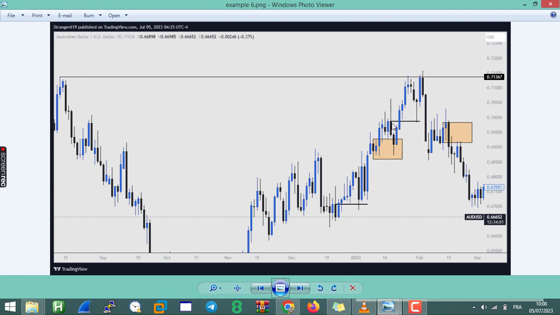Another order block right here, forming on a key level, which is this order block right here, taking liquidity, leaving a fair value gap, price retraces to it, and then reaches for this higher time frame objective, an old high. And then we have a smart money reversal, an order block right here, taking liquidity, forming on a higher time frame key level, which is this fair value gap, and then price retracing to it.